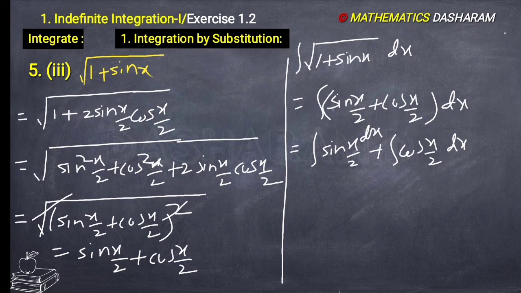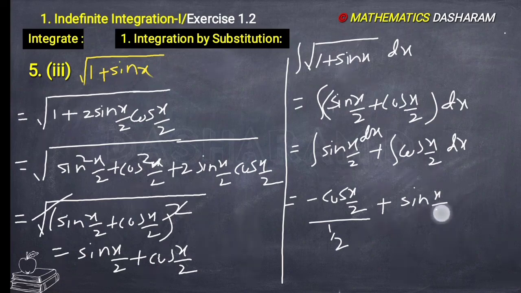Here also, it is equal to minus cos x by 2 whole divided by the derivative of x by 2, which is 1 by 2. Next, sin x by 2, and the derivative of x by 2 is 1 by 2, plus c.